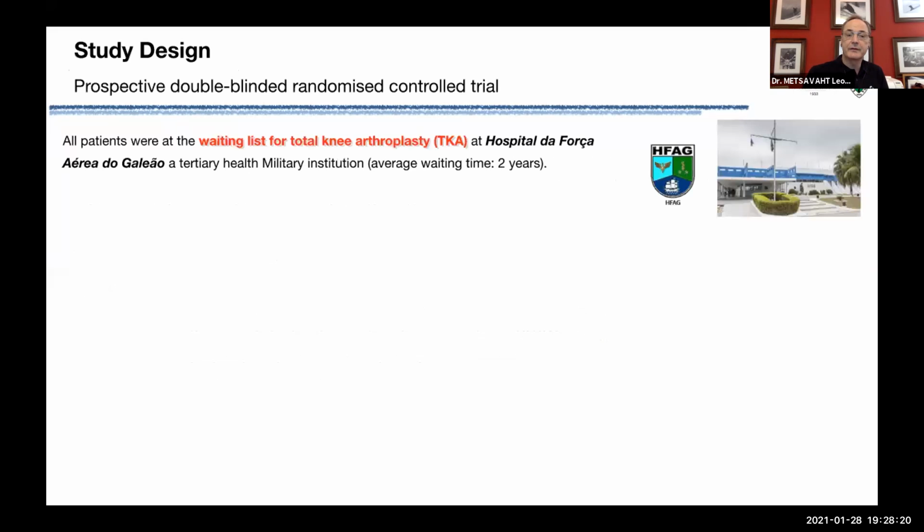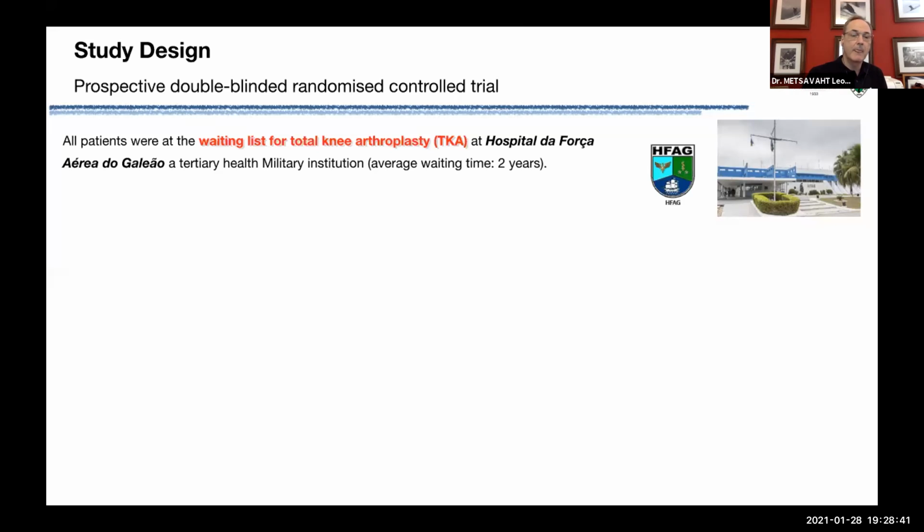All patients were on the waiting list for a total knee arthroplasty at the Air Force Hospital, a military institution here in Rio de Janeiro, where the mean waiting time for surgery is 2 years.